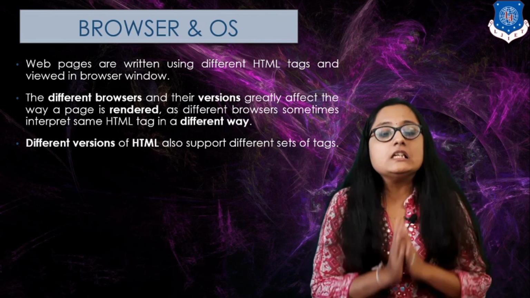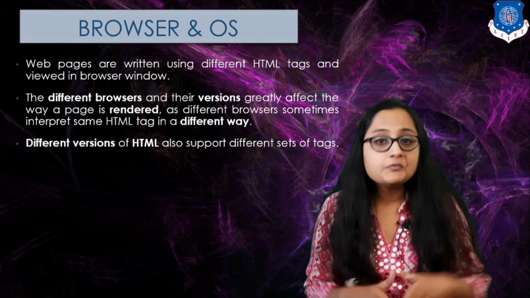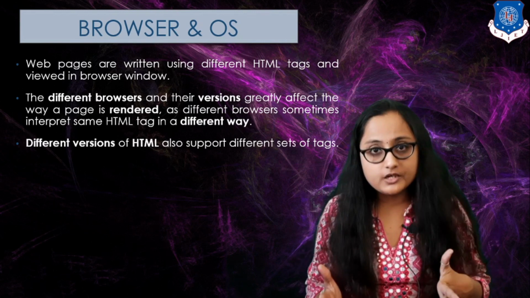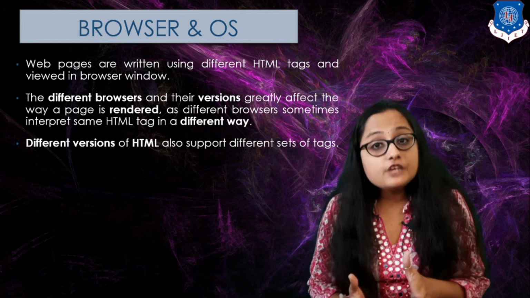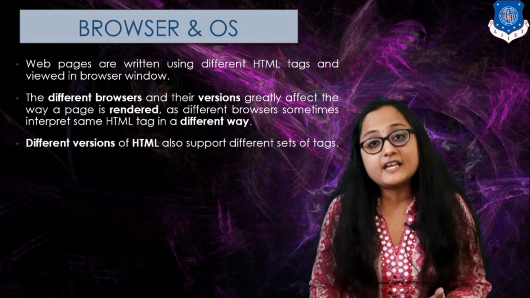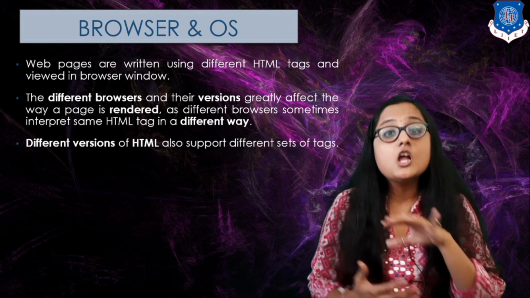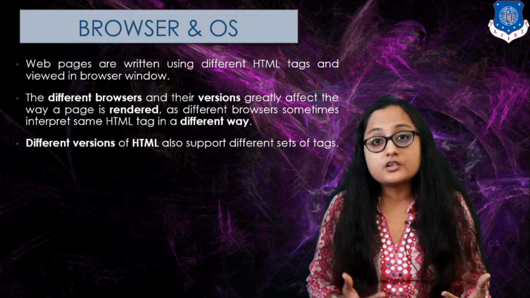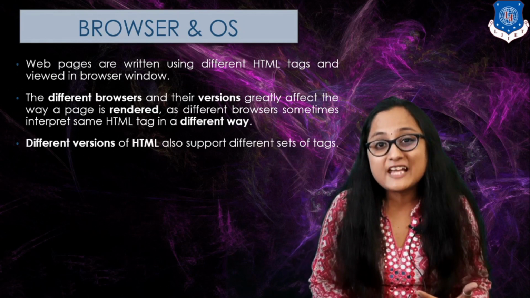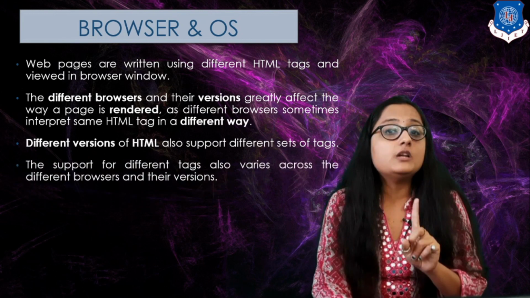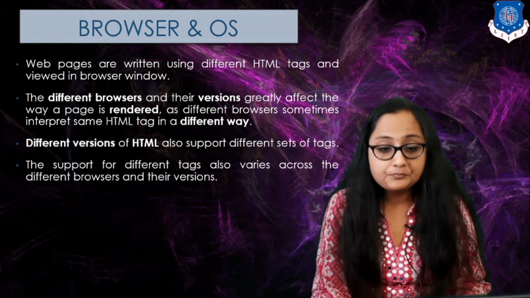For example, initially we had Internet Explorer. That is a very basic browser which we do not use nowadays, but still if you are running your website inside Internet Explorer, there are sets of tags which Internet Explorer may not support. So how will Internet Explorer respond to this new set of tags which it is not able to render, right? So that is a problem while you are designing the website.